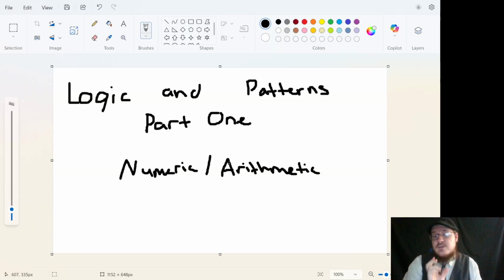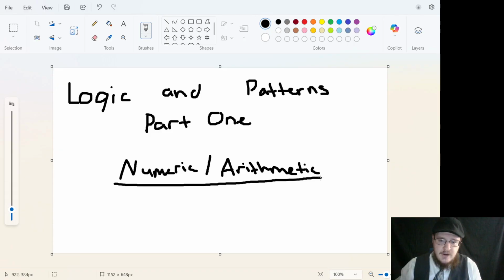It is a series of numbers that follows specific types of mathematical operations to go from number to number to number to number to number. Okay? Now, the other one that we're going to be covering in the next one, we're going to be focusing on numeric slash arithmetic here in part 1.